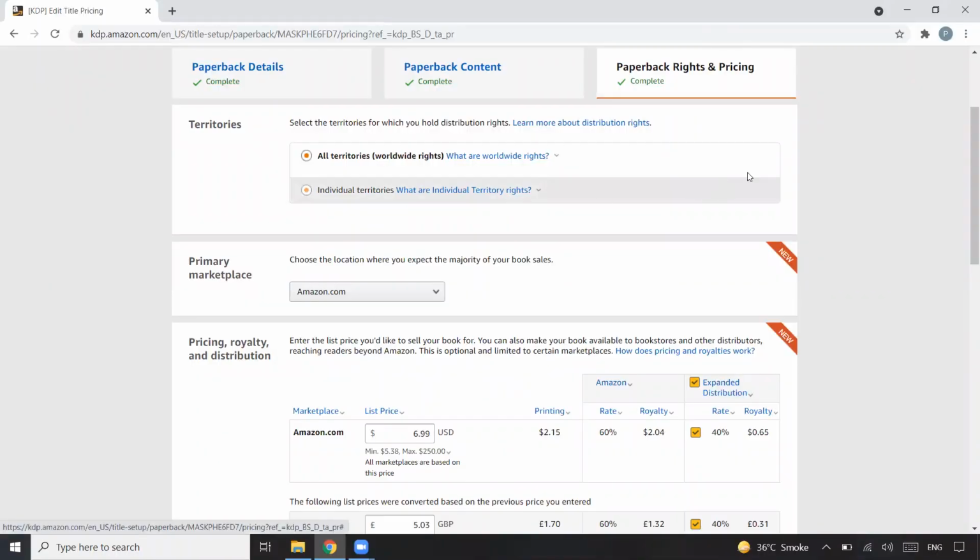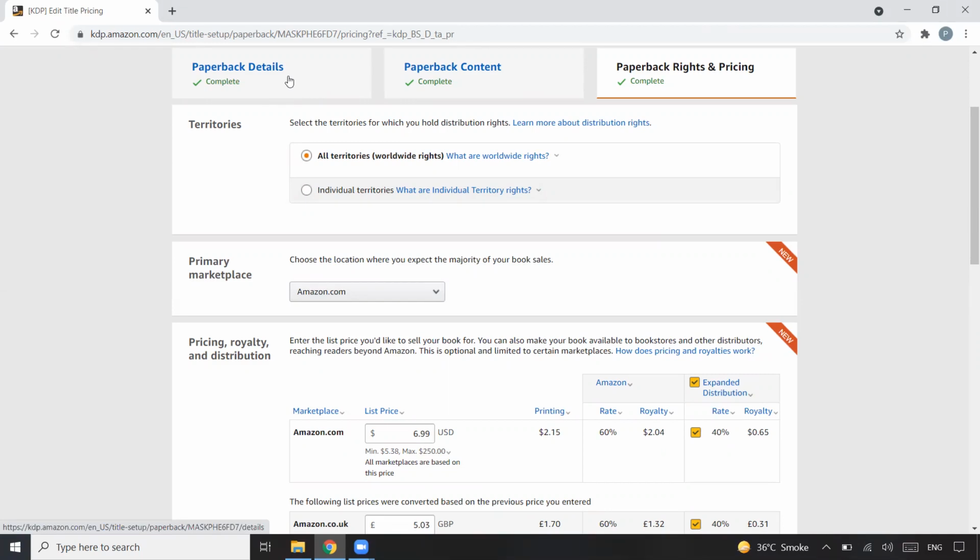Alright, so if you are publishing books on Amazon KDP, then you must know that publishing a book on Amazon KDP is basically a three-step process: paperback details, paperback content, and paperback rights and pricing. In the first step, paperback details, you'll be providing details about the book such as title, subtitle, description, author, 7 keywords, and so on.